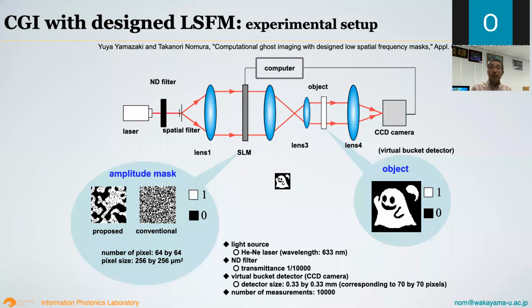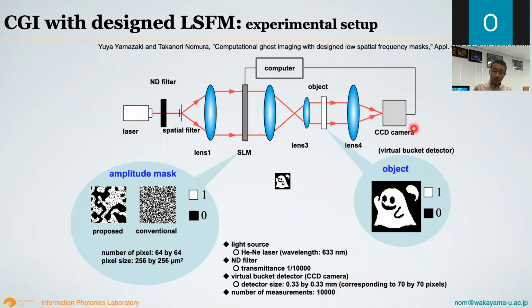The light source is a very normal helium-neon laser. To achieve weak illumination, we use a couple of ND filters. In this case, the transmittance is 1/10,000.